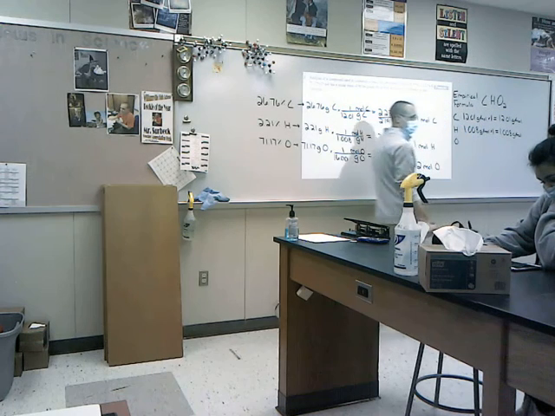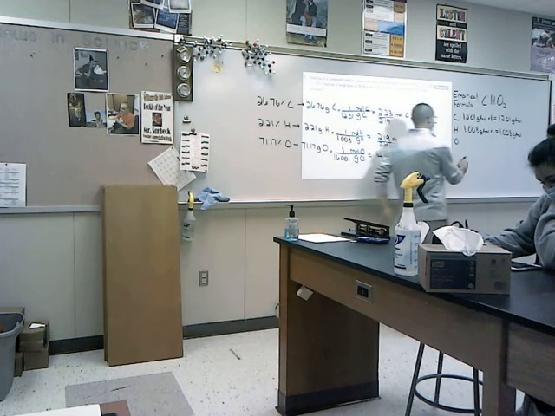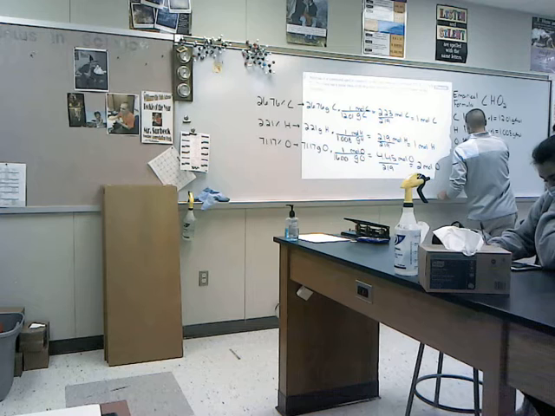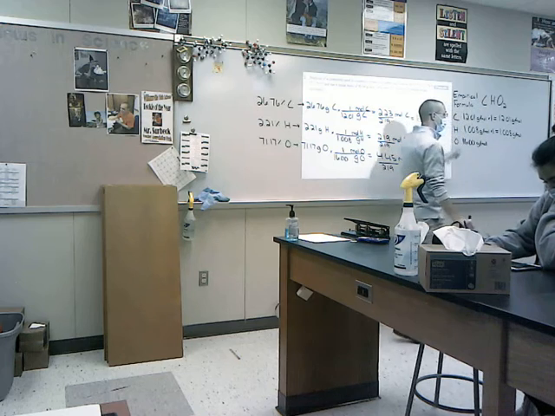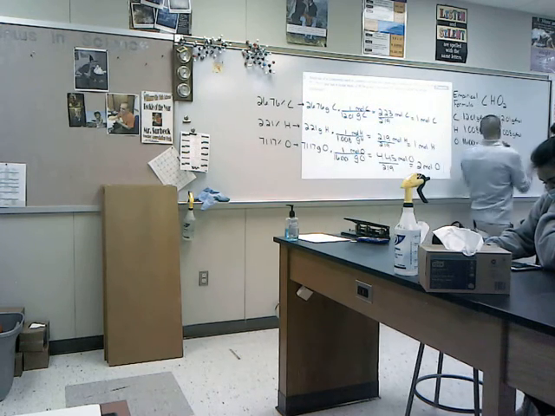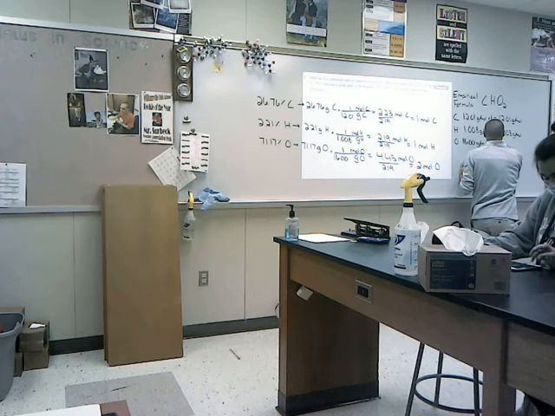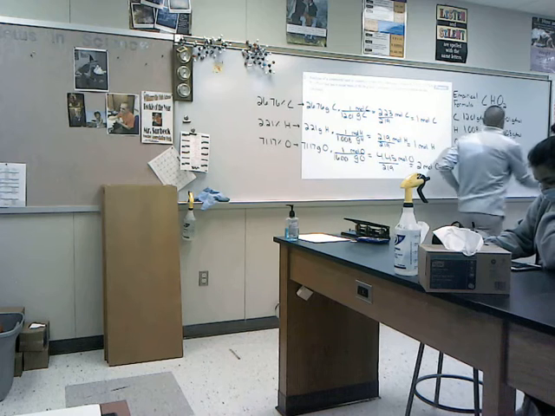And then oxygen, what is the molar mass for oxygen? 16 flat, or 16.00 grams per mole. Now, what do we need to multiply oxygen by? 2, because we have a 2 in our formula. 16 times 2 becomes what? 32.